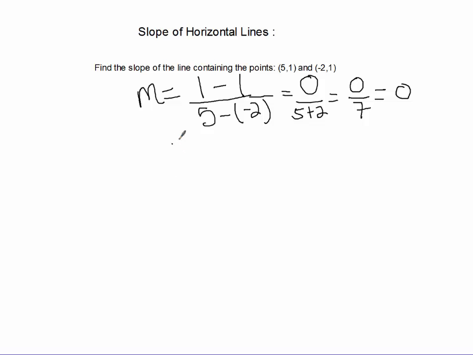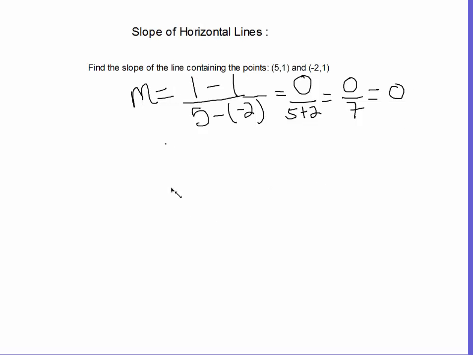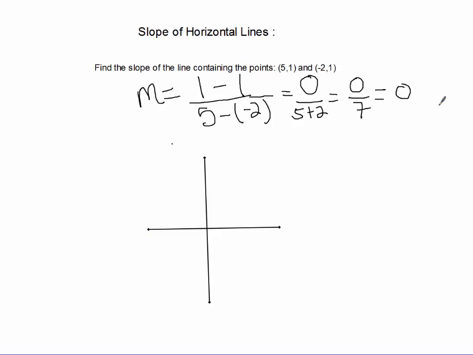So let's see what's happening on the graph real quick. Let me make my x and y axis. So here's my x. Here's my y. And let's graph 5, 1. So 1, 2, 3, 4, 5, 1.